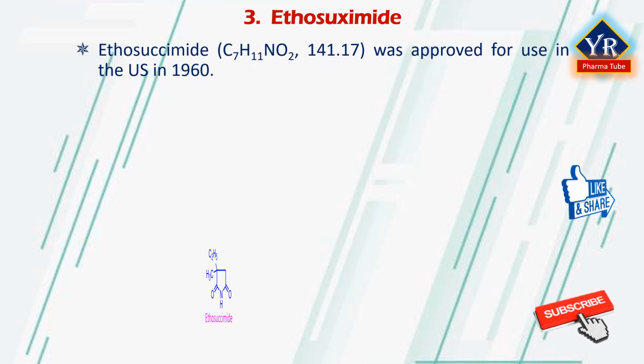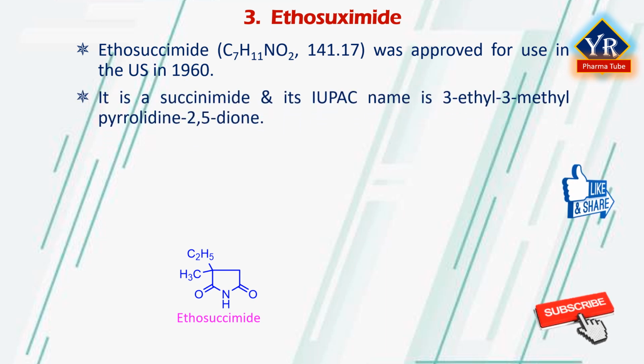And the last drug of this class is Ethosuximide. Ethosuximide was approved for medical use in the US in 1960. It is in the succinimide family of medications. Its IUPAC name is 3-ethyl-3-methylpyrrolidine-2,5-dione. It is a dicarboximide, that is pyrrolidine-2,5-dione, in which the hydrogens at position 3 are substituted by one methyl and one ethyl group.